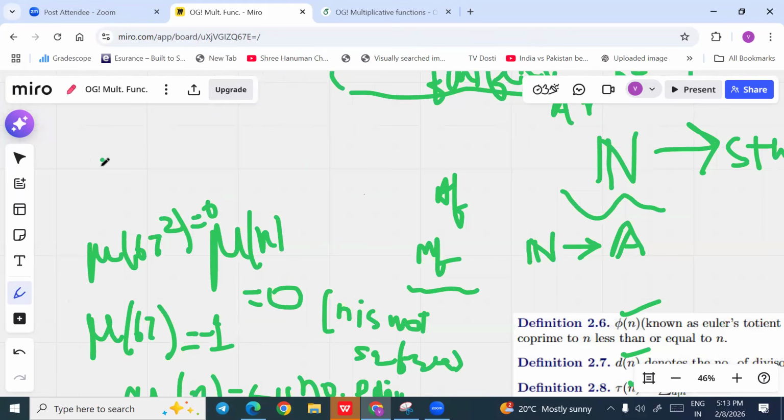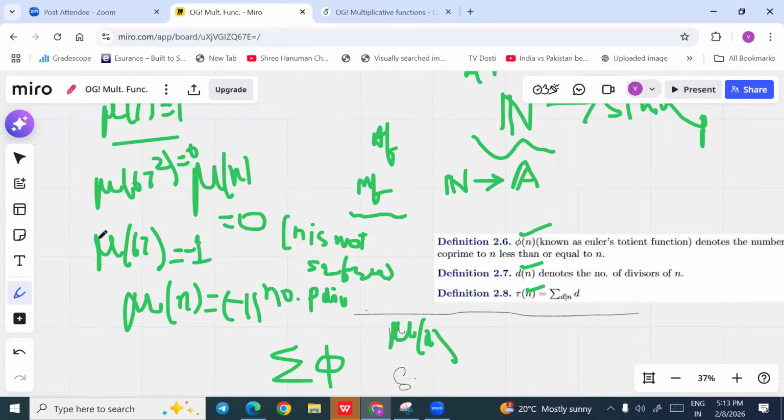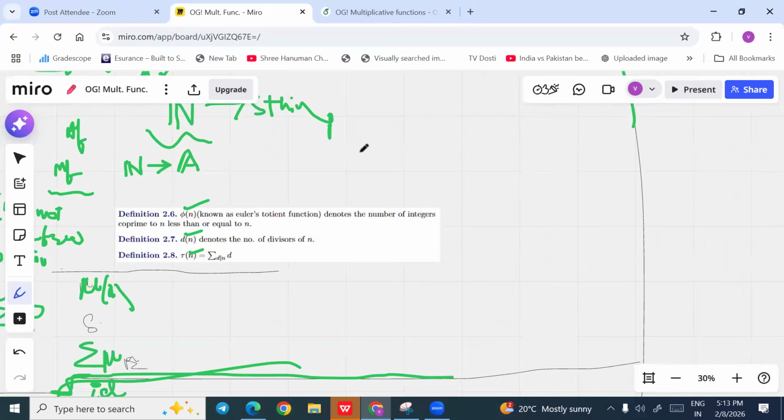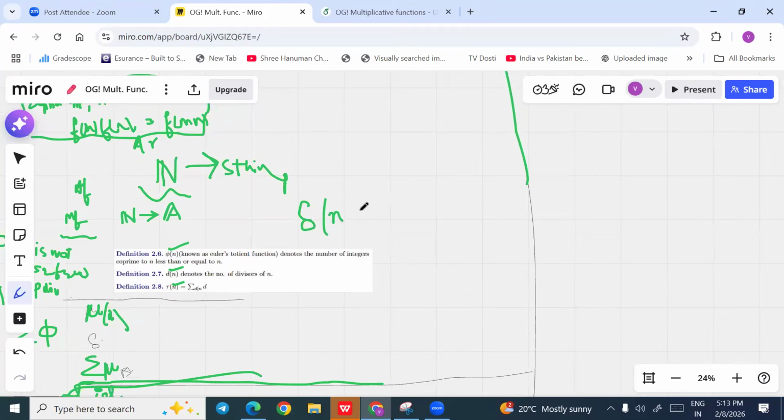And Mobius of 1, since it has no prime divisors, is minus 1 to the 0, which is 1. So this is the Mobius function. The second function is the Dirichlet delta function. We define this as 1 if n is 1, else it is 0.